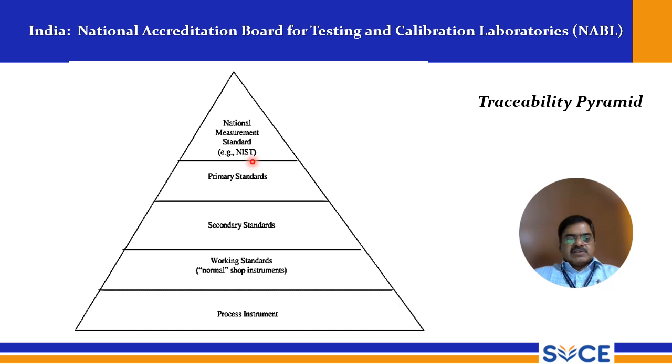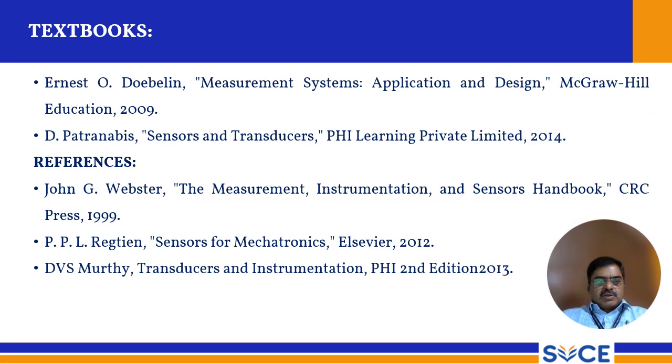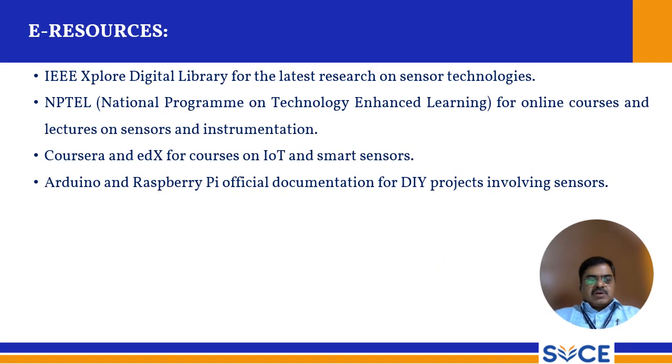It is the national measurement standard. So the standards vary from the process instrument to the highest standard laboratory. You can find the same in textbooks, and you can learn more about standards in this context.